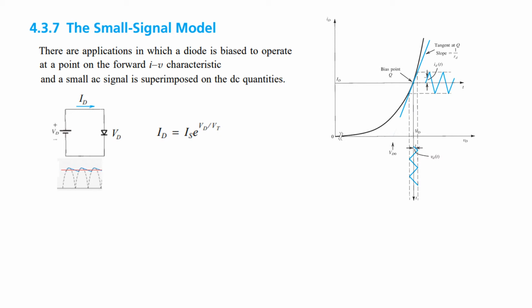Now if we look at this graph, when I was a student I never liked this graph, but now I enjoy this. So look at this graph. We have selected a point here at the Q point and we have drawn a tangent line. So this line is a 100% straight line, and we are assuming that this portion of the curve will also behave like a straight line.